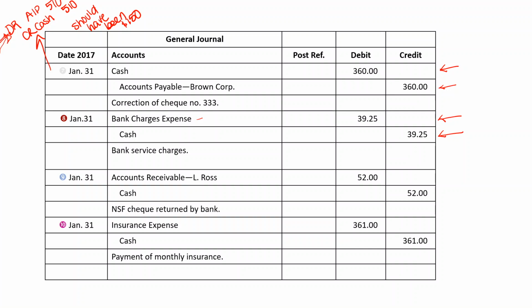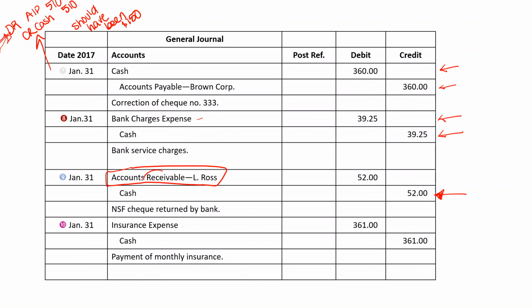The 9th reconciling item was an NSF check from L. Ross. So when we would have recorded that payment from L. Ross, he was paying us on account. So now when the money comes out of our account, we need to credit cash because it came out, and we need to set up accounts receivable for L. Ross. Because since that payment that he gave us, that check, didn't actually go through, we now need to go back to him and say, hey, you still owe us this money.